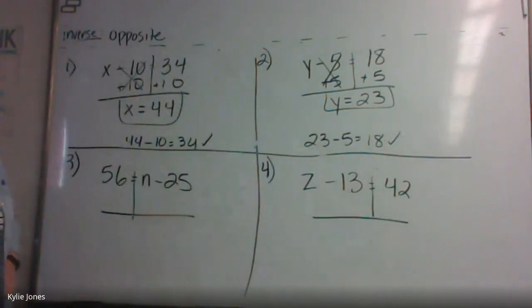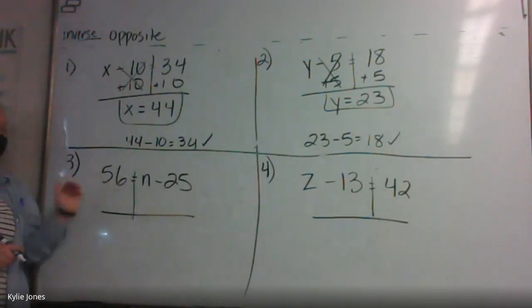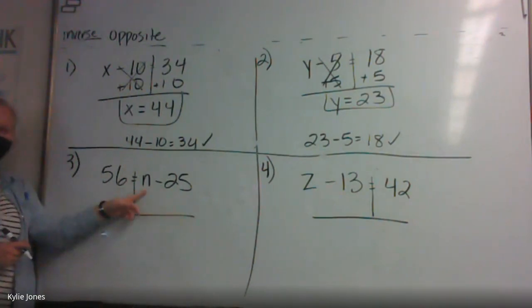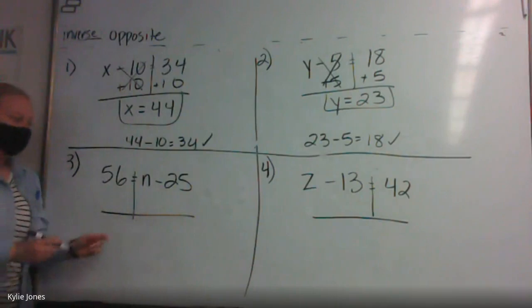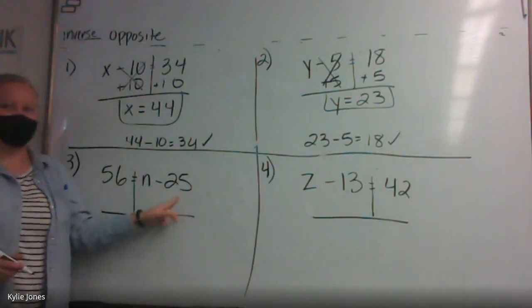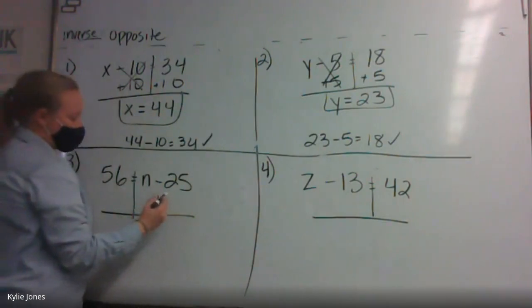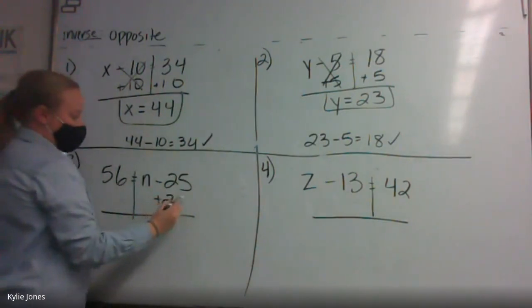Okay? Our next one, number 3, 56 equals n minus 25. Again, this one is a little backwards. Your variable's on the different side, but it doesn't matter. We still need to get our variable alone. So we're subtracting 25 on this side. What's the opposite of subtracting? Adding 25.